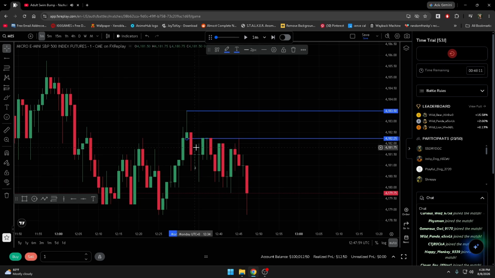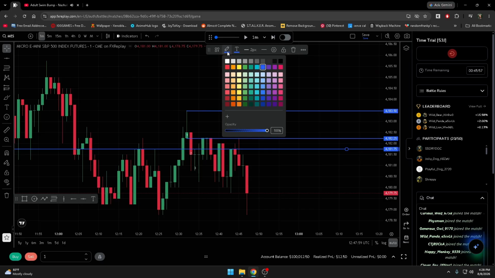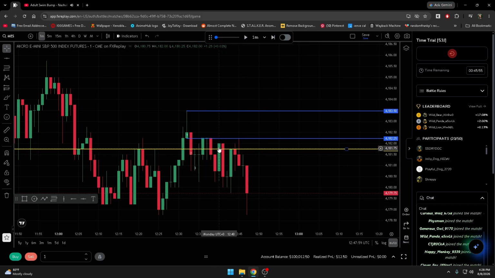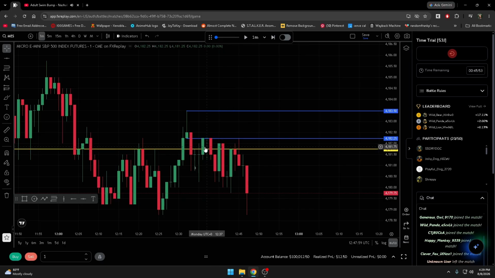Where did we enter at? We entered right here. I'm putting a horizontal line for that, make that one white. So we entered right there. I'll make this yellow, I'm using white too much. So boom, we enter right here. Then what?